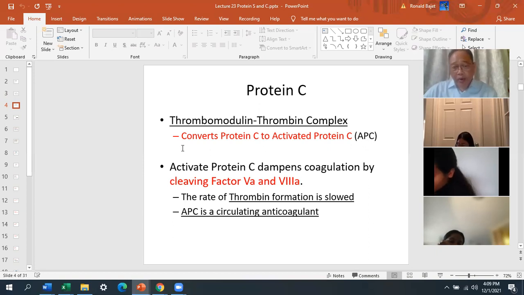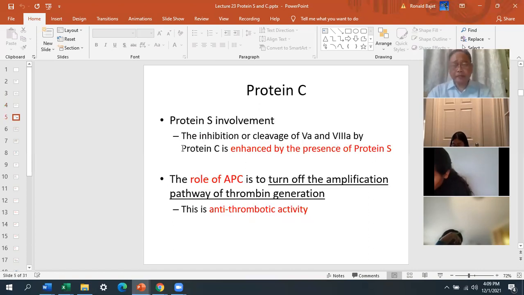The rate of thrombin formation is slowed, obviously, because thrombin is being taken out, and APC is a circulating anticoagulant. It's a circulating anticoagulant because the end product of the coagulation cascade is a clot. So APC is a circulating anticoagulant.